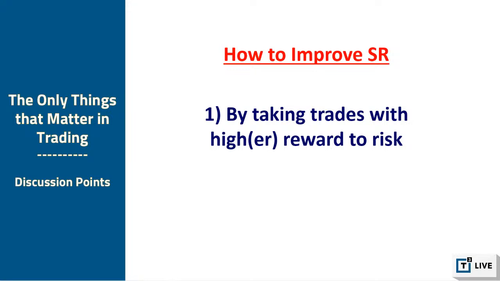If it does, then the second step is what? The second step is you calculate the R to R, the reward to risk, and only take the play if it has an acceptable reward to risk. What's an acceptable reward to risk?